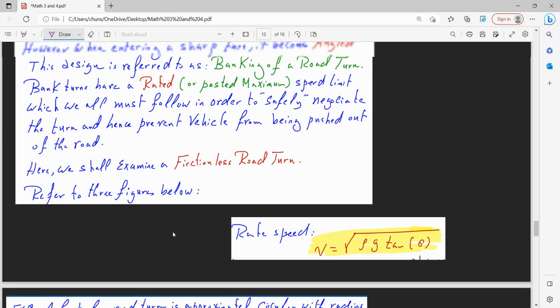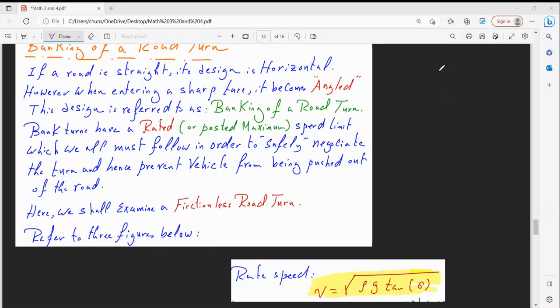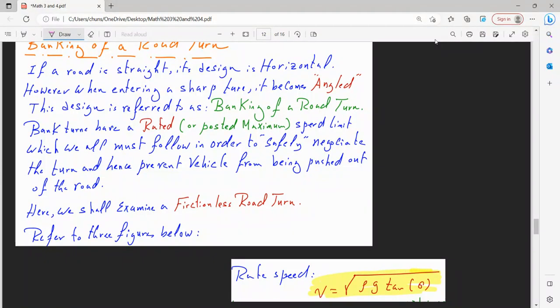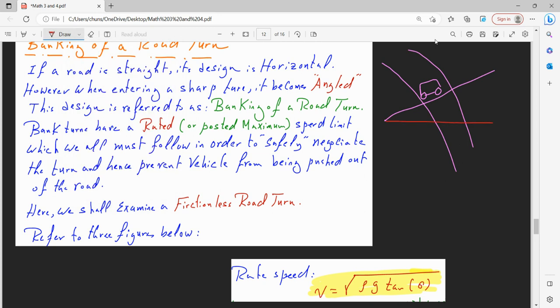And there's a better illustration for this. Let me just grab that. So tan theta is, so if we had a car here and it goes around a turn, theta basically just describes the angle that it makes with the horizontal in a circle.